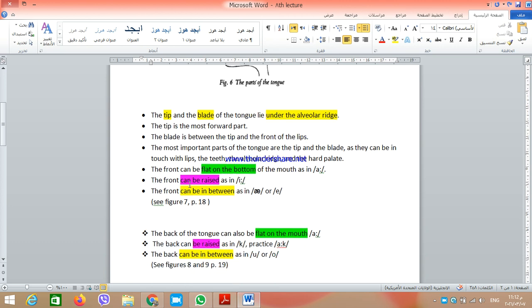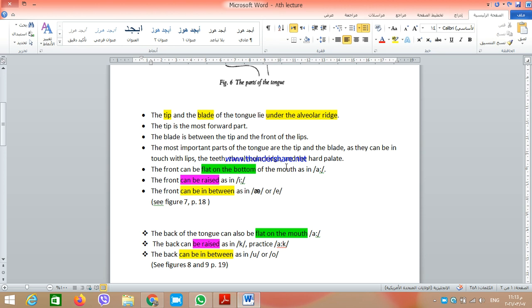And the front of the tongue can take another position, which is to be raised, as in E. If you move from A to E, you can clearly identify the difference between the 2 positions. With A, the mouth is open, the tongue is lowered.